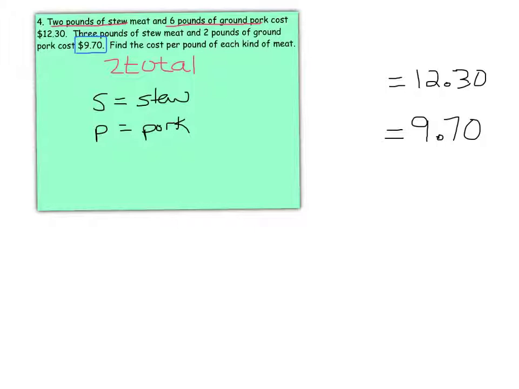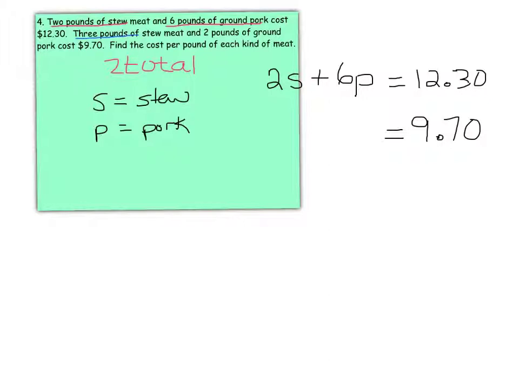Aha! All right, so 2 pounds of stew, so 'pounds of' means to multiply, so I have 2s, and 6 pounds of pork, and means to add, and 6 pounds of pork.